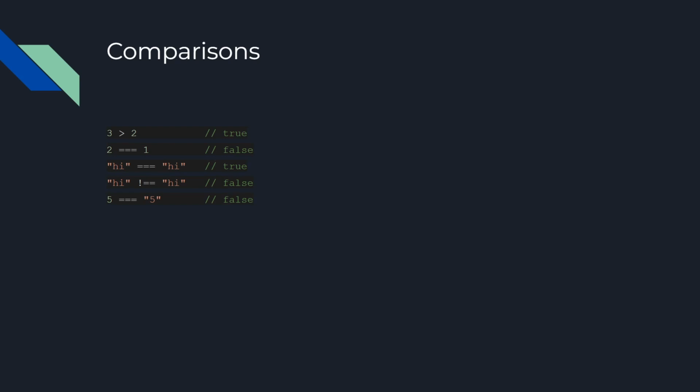So whenever you see an exclamation mark when it deals with Boolean, it means not. So this expression basically says, is the left string not equal to the right string? In this case, because they are the same string, it will return false because they are not equal, if that makes sense. And the last one is kind of a tricky one because you're comparing a string to a number, and because they are different, you will get false.